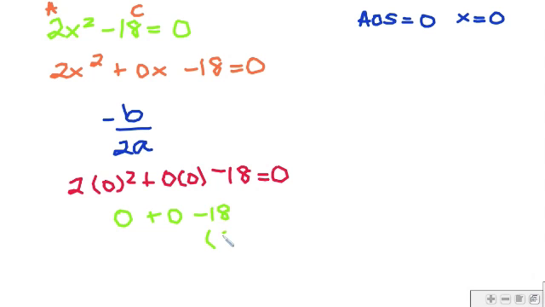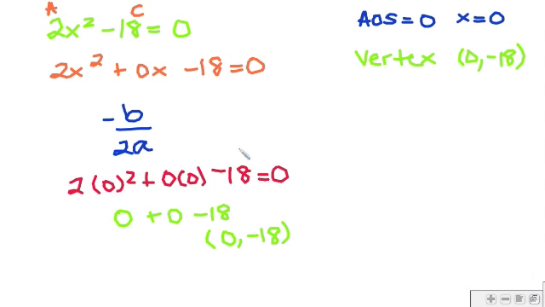So our vertex is going to be 0, negative 18. This is going to be our first dot, the vertex. Okay, 0, negative 18.